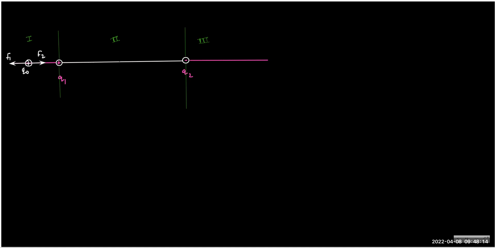Now if I choose the point here, so this is also one possibility. But if I put the charge somewhere in between, q1 will push, q2 will also pull, so the equilibrium is not possible.